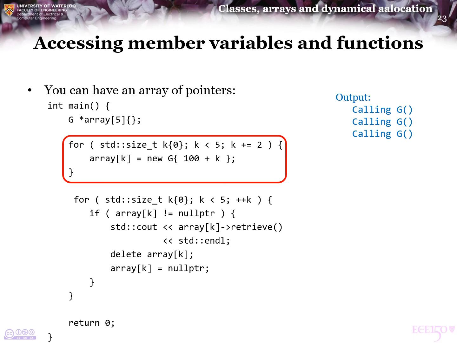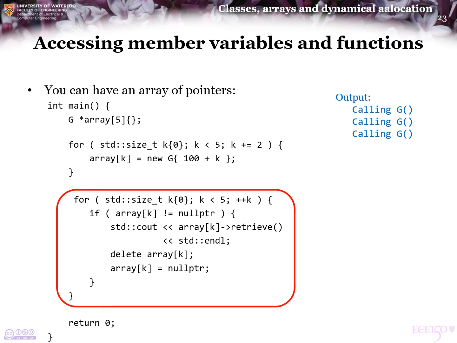Now, each of these 3 were called simply with a call to new for one instance. So even though it's an array of pointers, each of the dynamically allocated memories is just a single instance of G. All right, so now let's go through the next loop, which goes through each of the entries of the array.